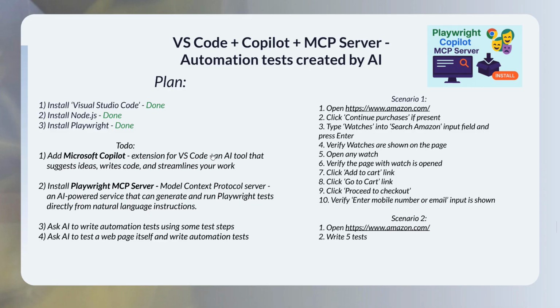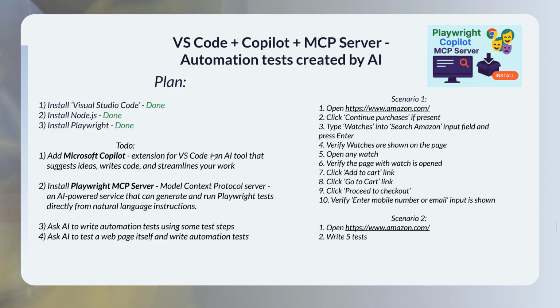Model Context Protocol Server is an AI-powered service that can generate and write Playwright tests directly from natural language instructions. After that, we will try to ask AI to write automation tests using some test steps, and we will also try to ask AI to test a web page itself and write automation tests for us.